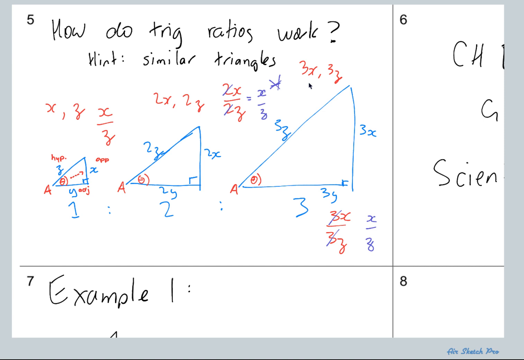And so if you had a triangle with a missing side, but you did know the angle, like this. So for the video recording, I'm just drawing a little triangle off to the side here, just so that they can see what I'm talking about. And you didn't know the hypotenuse, for example.